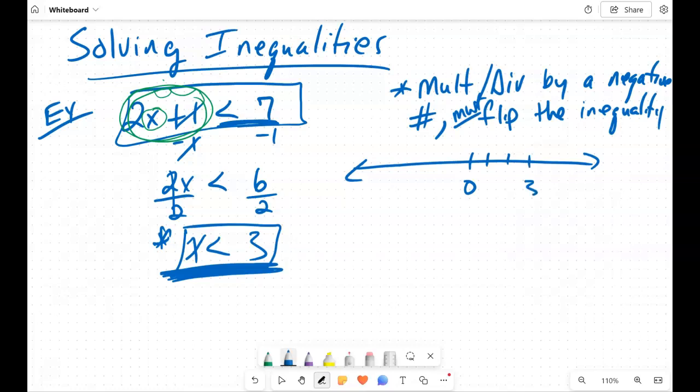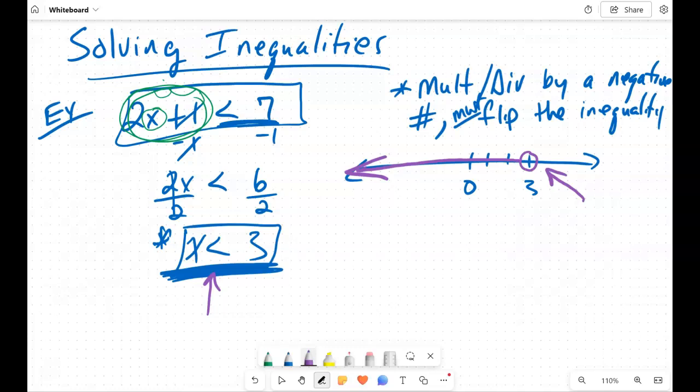Now, our solution is x is less than 3. The way we would represent that on our number line is it would begin at 3, and I'm going to draw that with the open circle, and then it would be everything less than 3. So the purple that we have here would be my graphical solution. Now, the reason I did this open circle is because notice that we do not have the equal to here under this inequality.